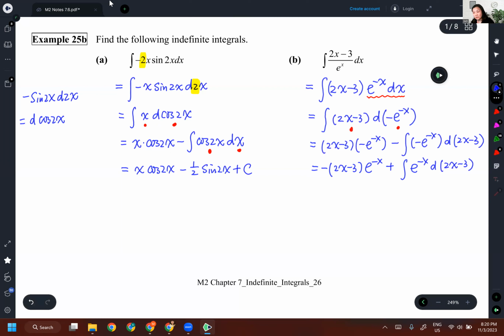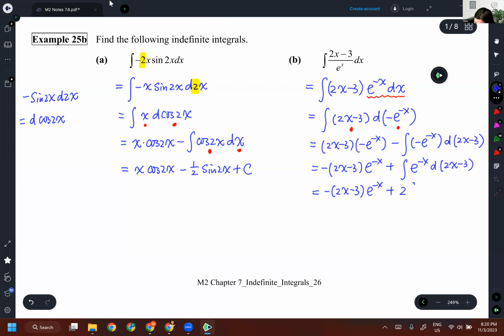Now, I know the sign is always a problem, so I will deal with the sign. I will make sure the sign is correct in my next step, and then I move on. Now, this part, I need to simplify d(2x minus 3). So this is what I do.